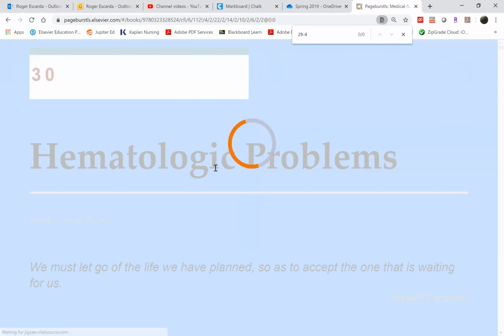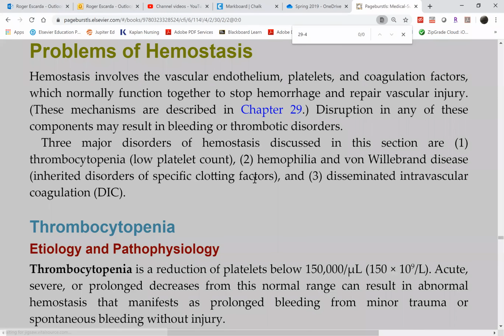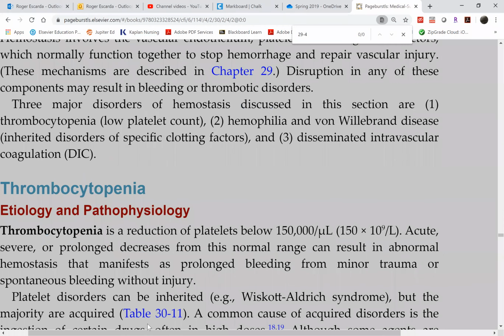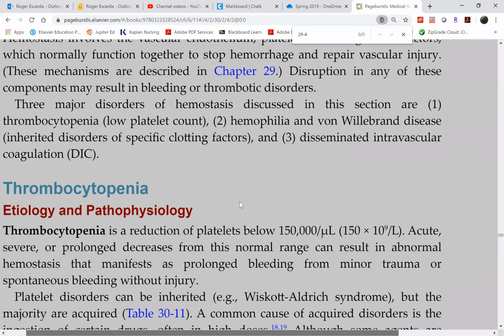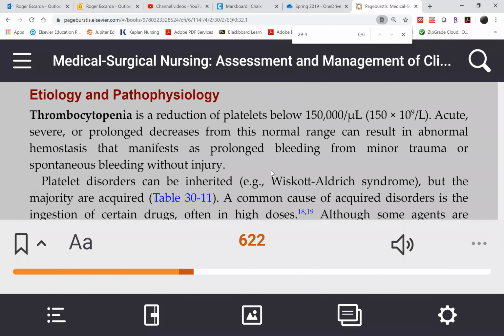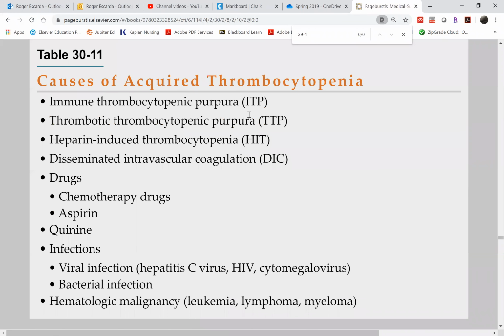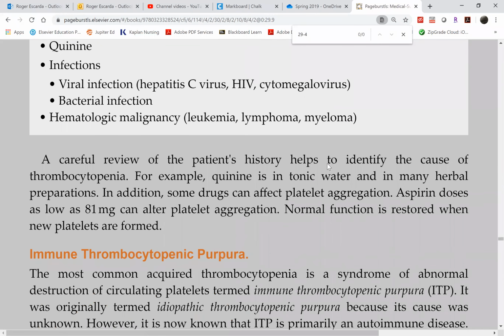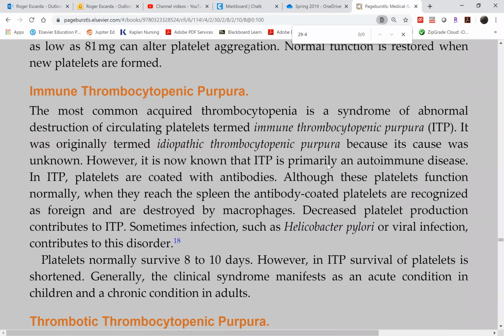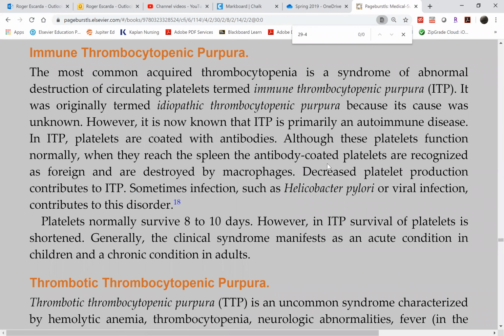Okay, so here are now your bleeding disorders. We have ITP, TTP, HIT, DIC. In ITP, what's wrong with the patient? This is immune thrombocytopenic purpura, also called idiopathic.